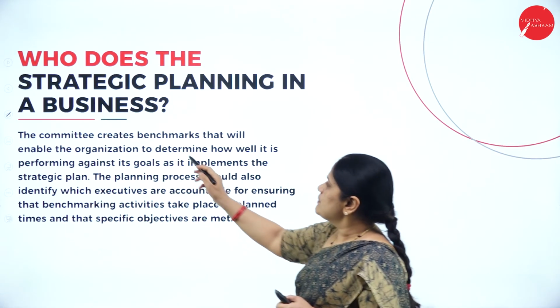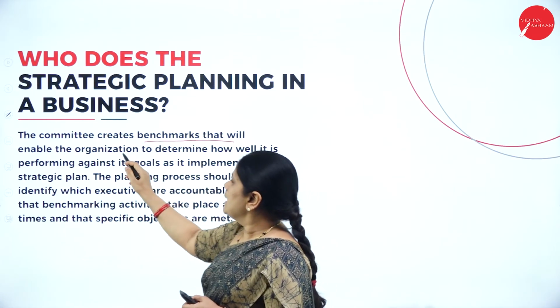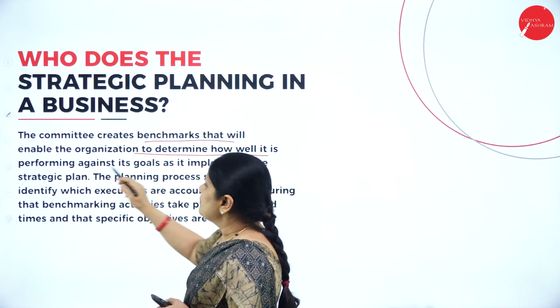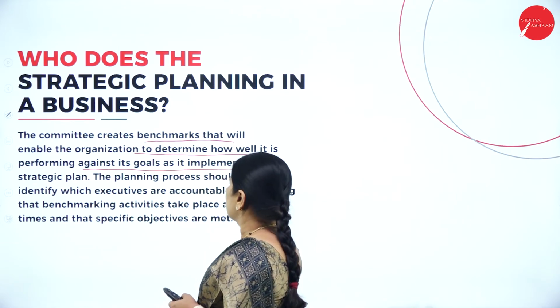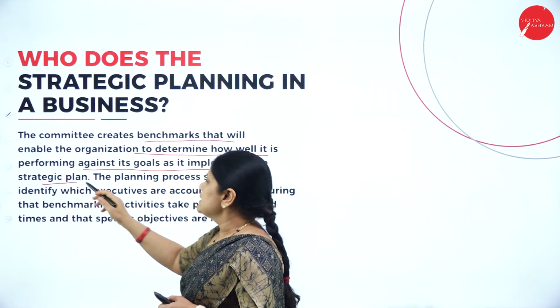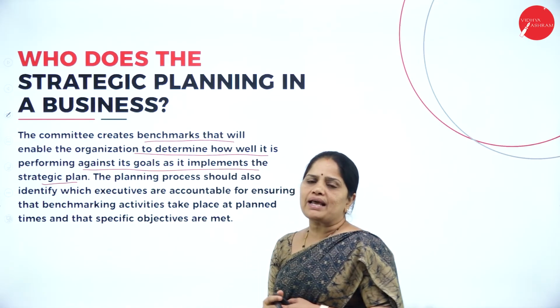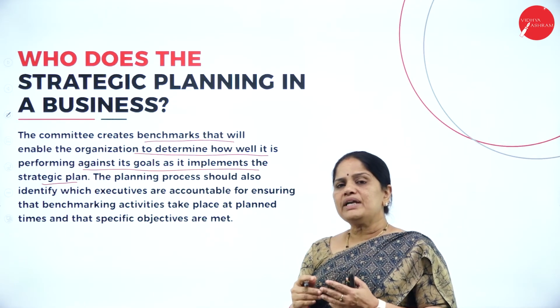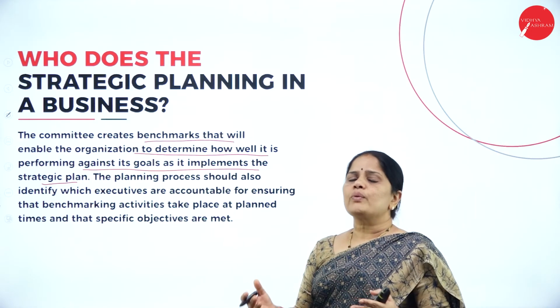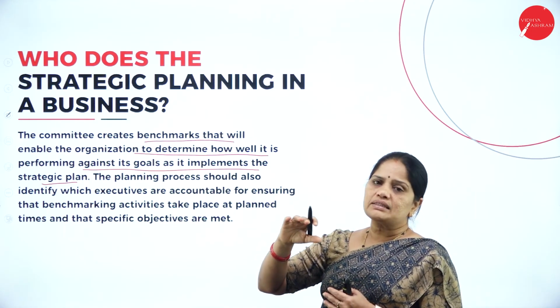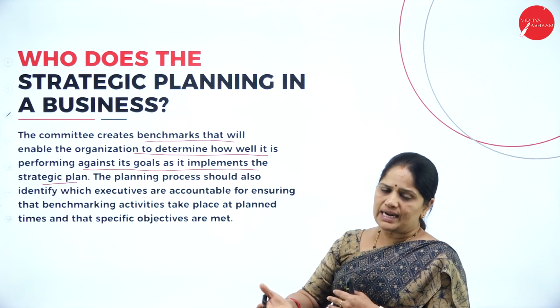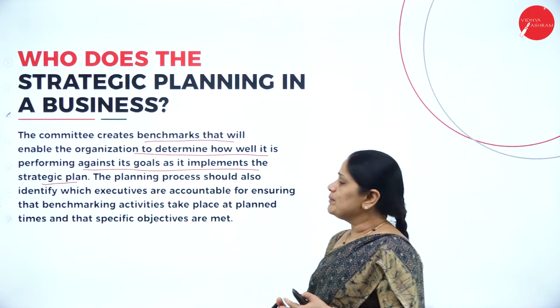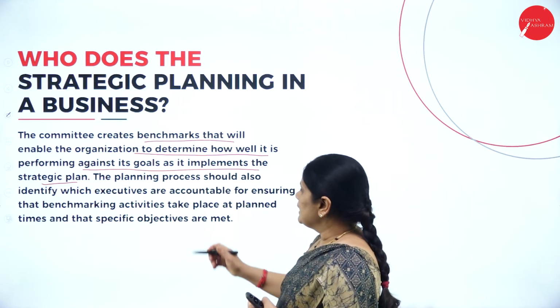Then it creates benchmarks that will enable the organization to determine how well it is performing against its goals as it implements the strategic plan. So, it will create various benchmarks so that the company knows exactly where it is moving. Once it reaches a benchmark, it knows that it is on the right path, or that the plans are being implemented as per the earlier decision.